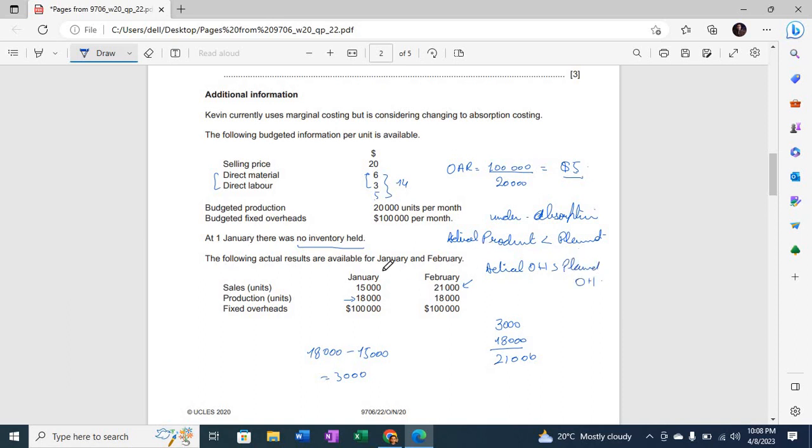In this case, budgeted and actual overheads are the same, but actual production is less than the planned production. It means this is under absorption.